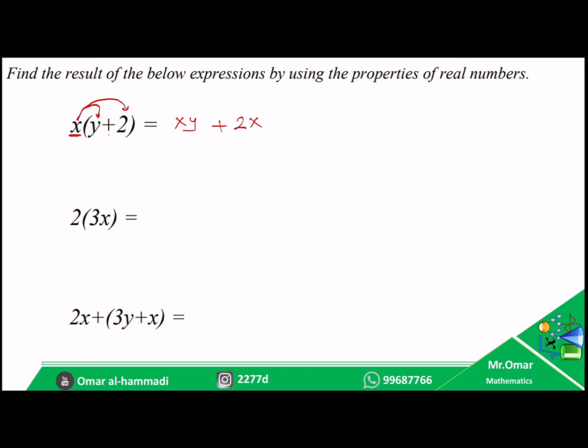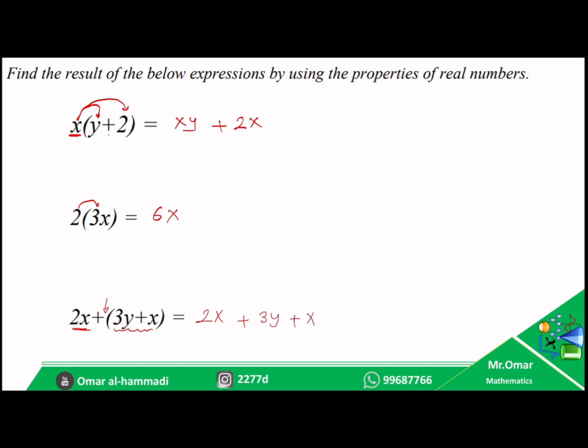So this is the property of real numbers. And here again, 2 multiplied by 3, it will be 6 and x. That's it. And the other one, 2x, it's alone. We will write it the same, 2x plus, here the same. We don't have here any number, so we write it the same, 3y plus x.